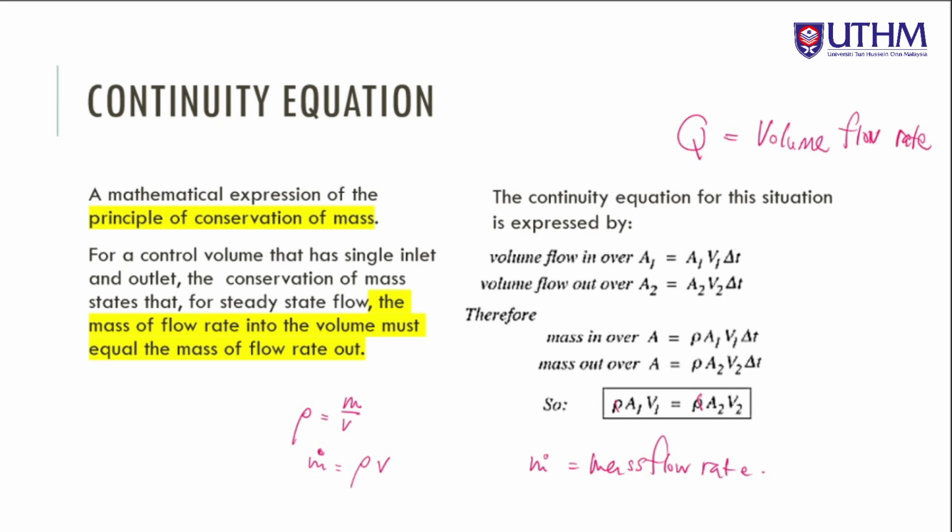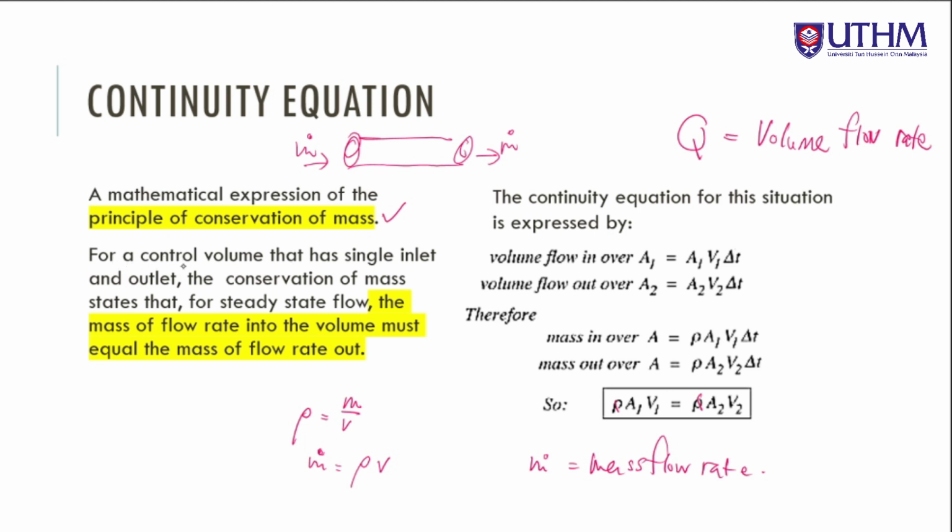Okay, first of all kita go through the continuity equation. So what is a continuity equation? So based on the mathematical expression, it is the principle of conservation of mass. So means that the mass is conserved. Okay, contohnya kalau kita ada satu pipe ni kan, mass flow rate yang masuk dekat inlet sini must be equal to mass flow rate yang keluar dekat outlet.